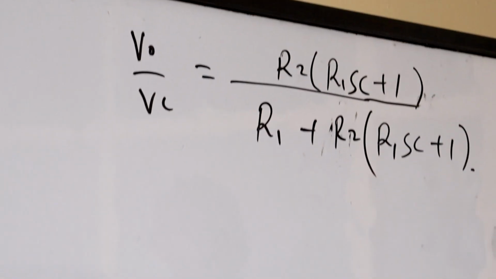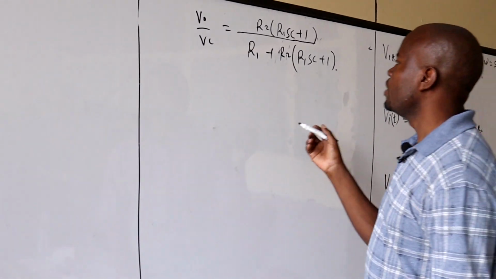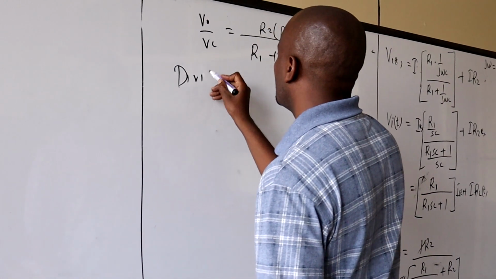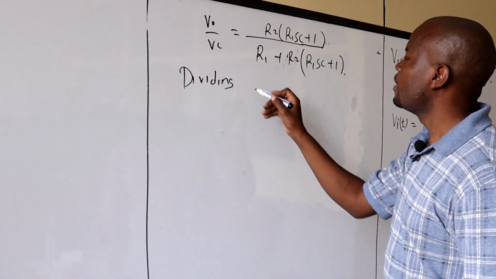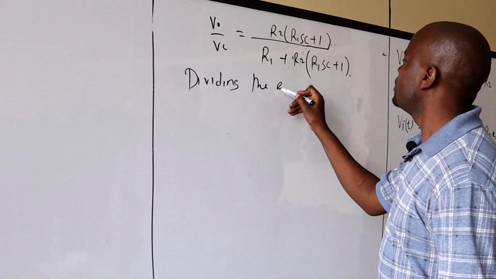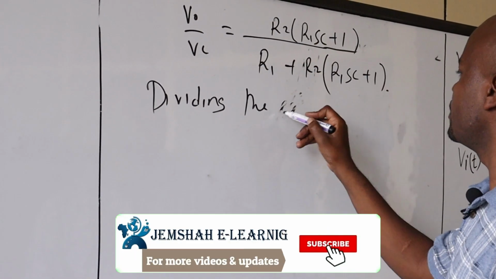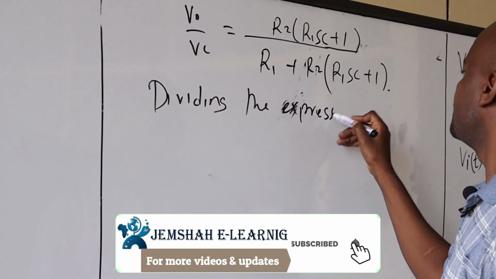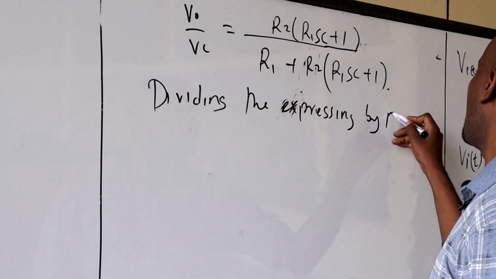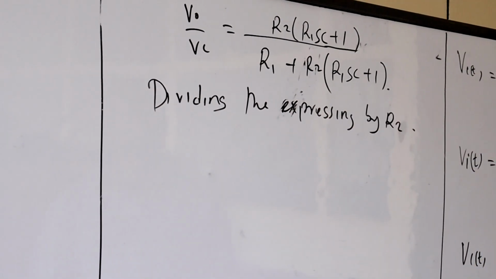So in that case, we can divide all parts of the equation, dividing the expression by R2.